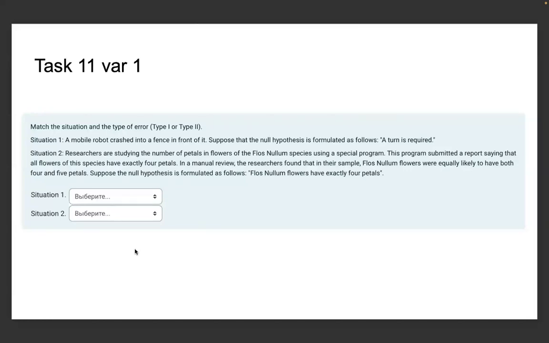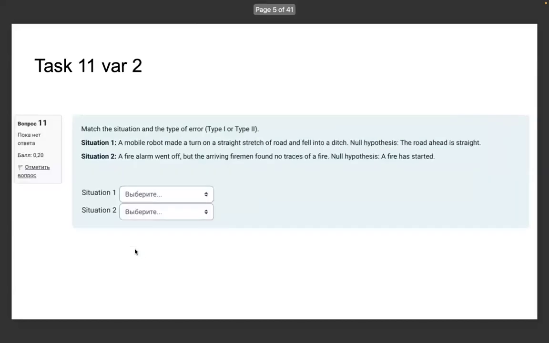Thank you. You're welcome. So the second variant, I think, is much easier. The null hypothesis in the first situation is the road ahead is straight, but the situation is a mobile robot made a turn on a straight stretch of road and fell into a ditch.